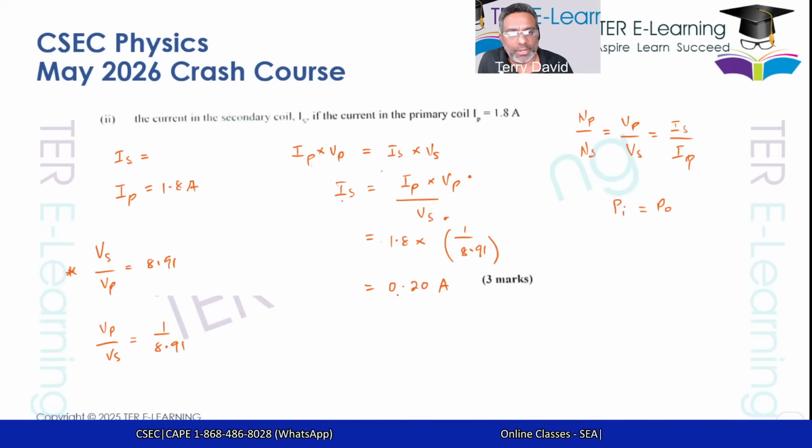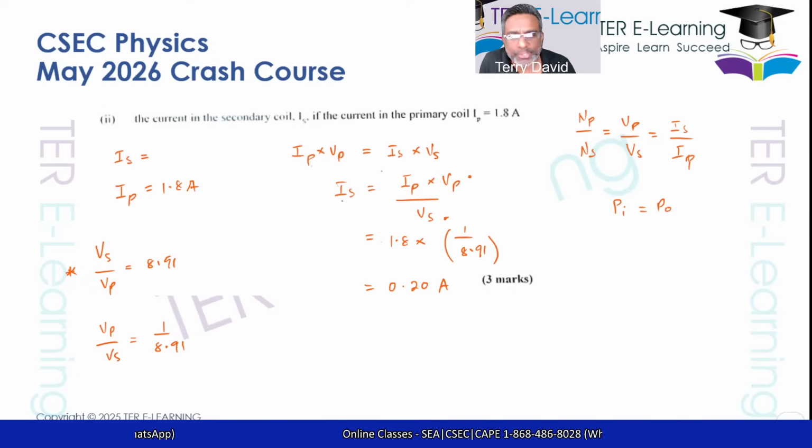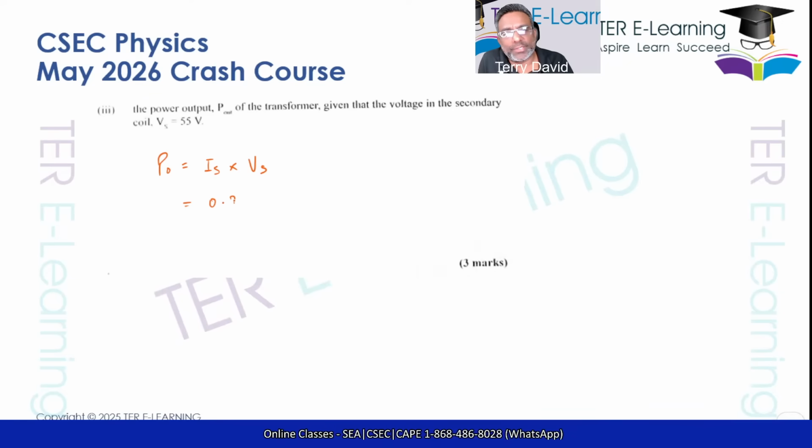Your secondary current, we just calculated as 0.2. So that's 0.20 multiplied by the secondary voltage, which is 55. So that's 0.2 by 55, and we're going to get 11 watts. Okay, so that's our power in this case.